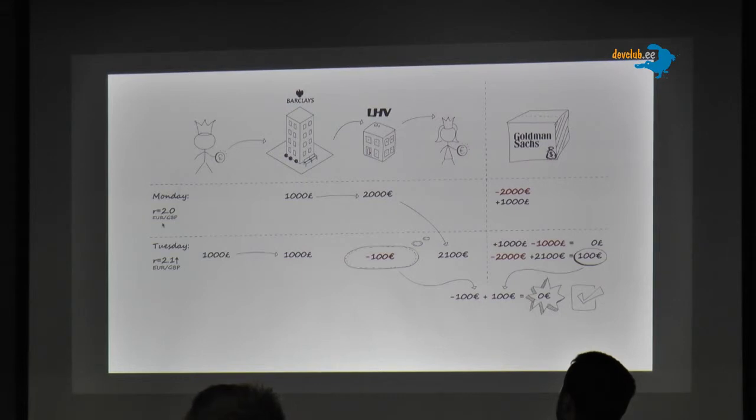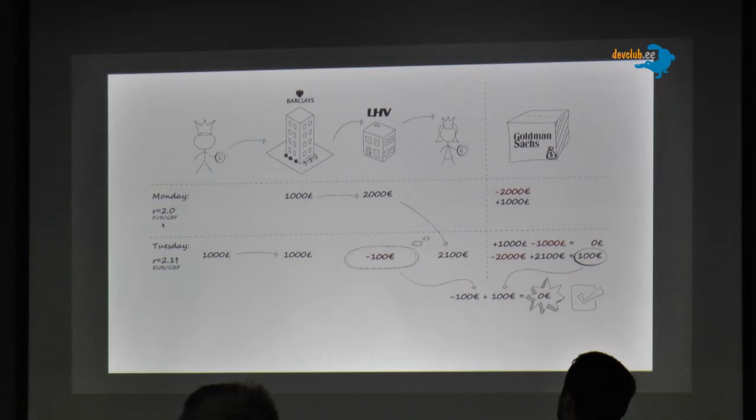And since there are people doing this all over the world, like high-frequency trading computers, if they see a difference somewhere, they're going to arbitrage it away. So the exchange rate is always one. There are so many laws in physics, but there's only one law in finance, and that's the law of one price.